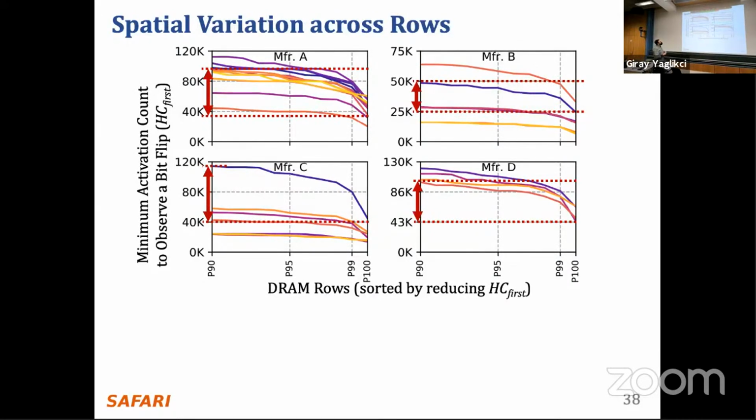It's easier to see for example in manufacturer D. When you look at the most vulnerable DRAM row, the activation count is like 43K. But when you look at the minimum value in P90, or the 90th percentile of the rows, then you see double this hammer count. This will become important when we start talking about the RowHammer defense mechanisms.